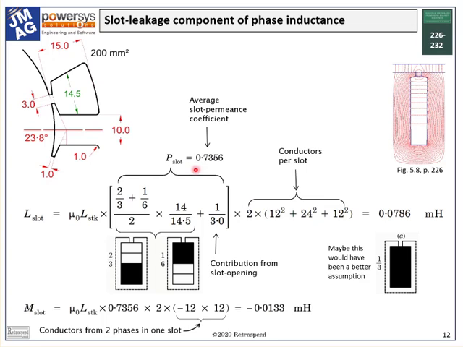The slot permeance coefficient depends on the position of the conductors in the slot. And here we've taken an average between the top and the bottom of the slot. So the result is 78.6 microhenries per phase for L slot and minus 13.3 microhenries per phase for M slot.